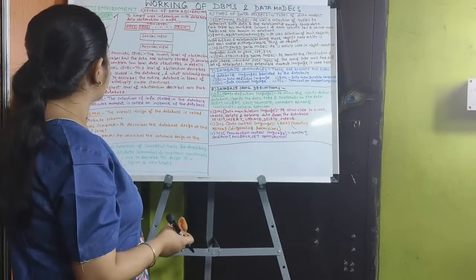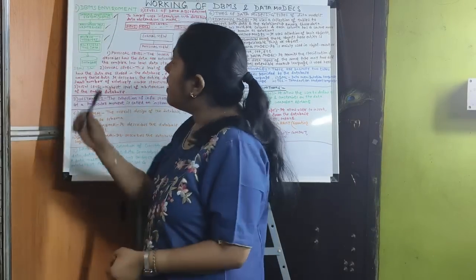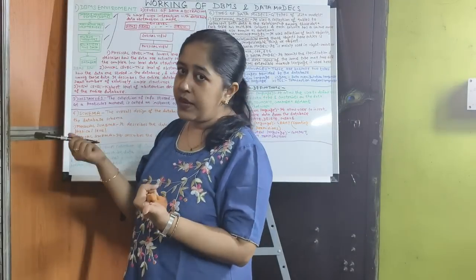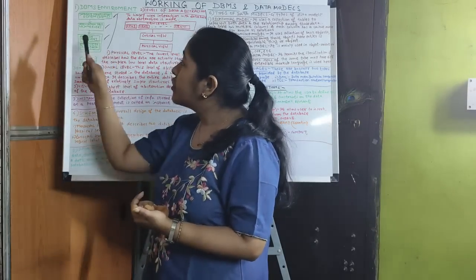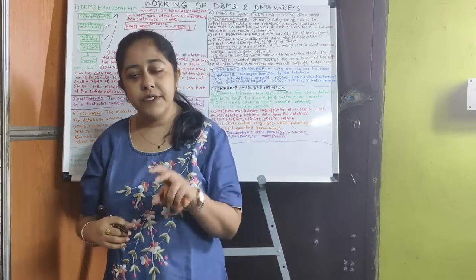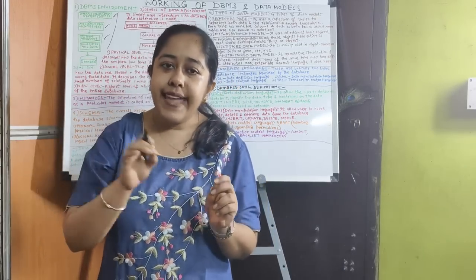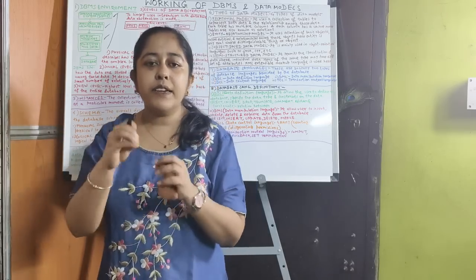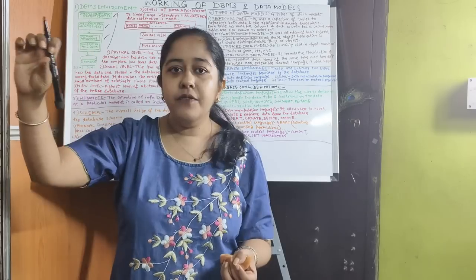Here in the DBMS, you are giving the query. Now the software will run the query. First of all, you give some application query, and then the software will run it. Suppose you give a query like create table with a name, and then you give the attributes, the table headers.